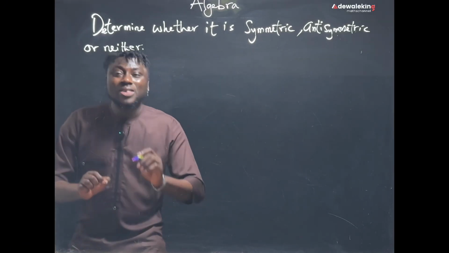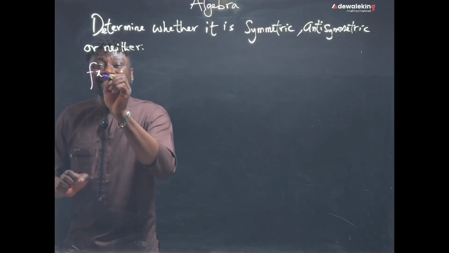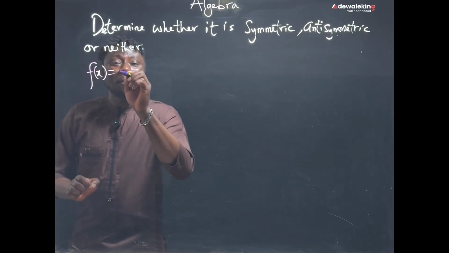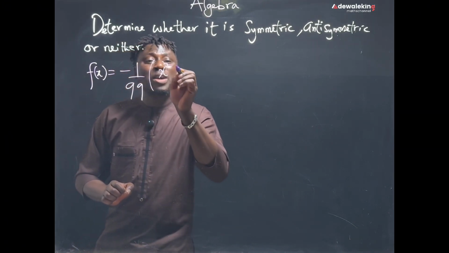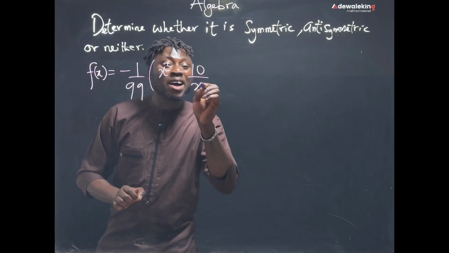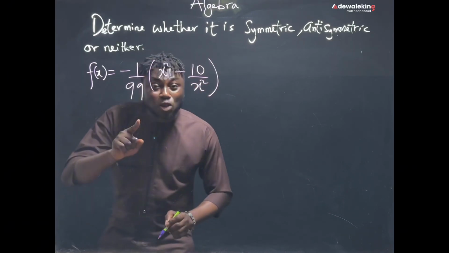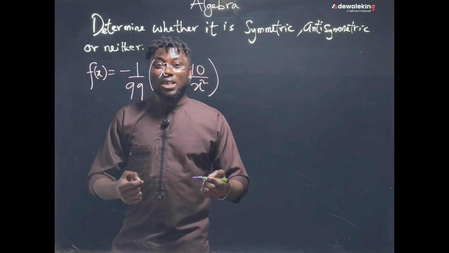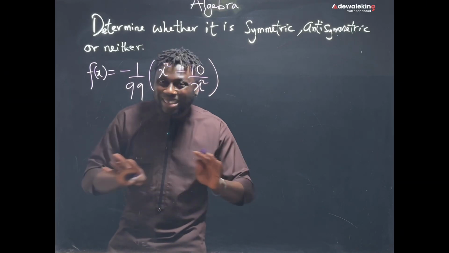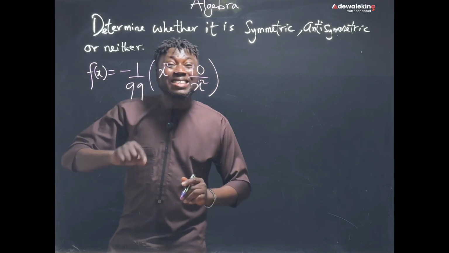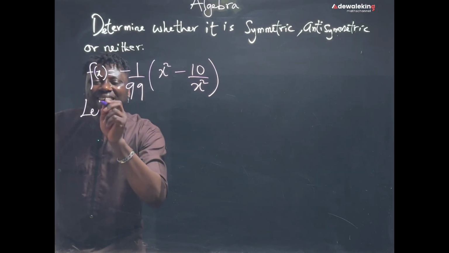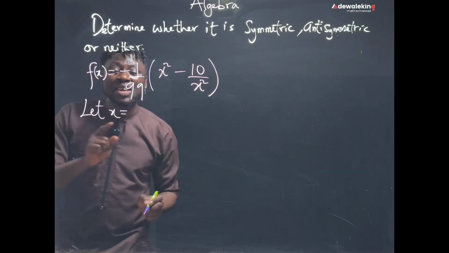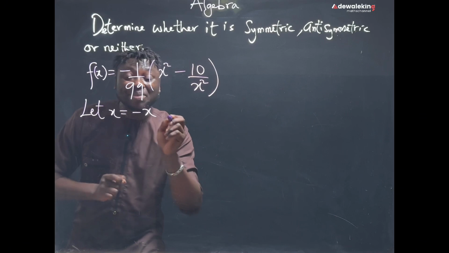Recall that f of x is equal to minus 1 all over 99 open bracket x squared minus 10 all over x squared. We're going to see if it is symmetric, antisymmetric, or neither by checking with the negative x. So let x equal negative x.